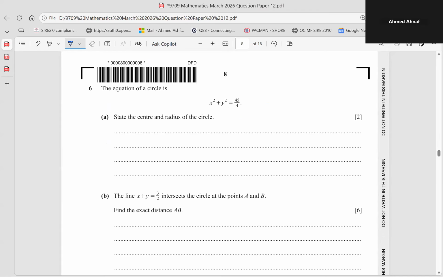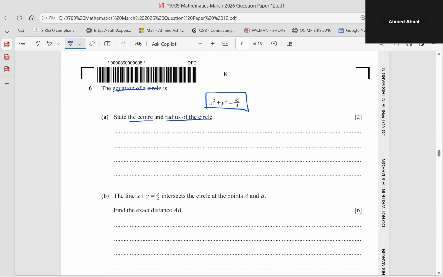Okay, so for this question, we are told that the equation of a circle is as such. And for the first part, we're told to state the center and the radius of the circle. This is a very basic question. You must know how to do this.